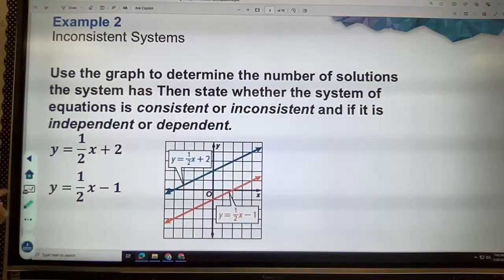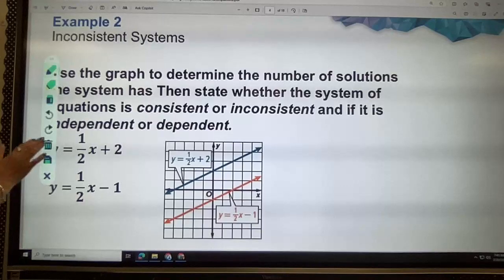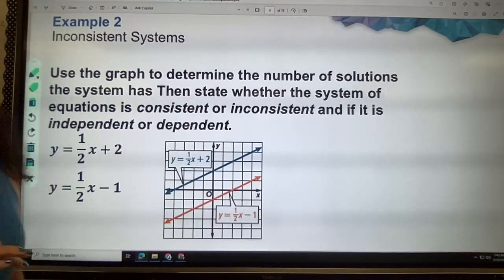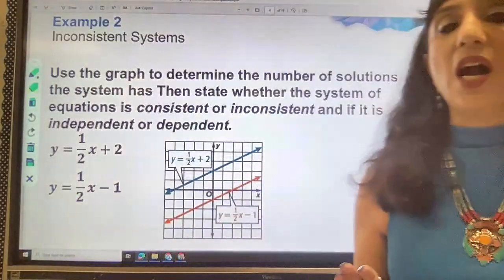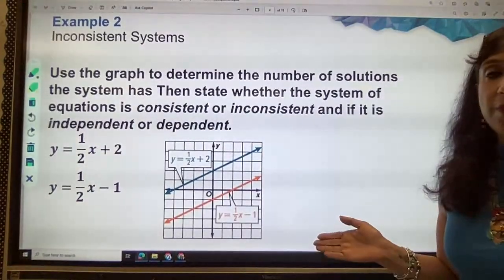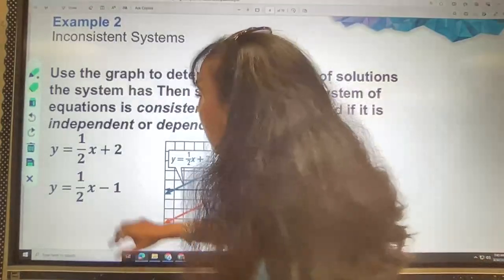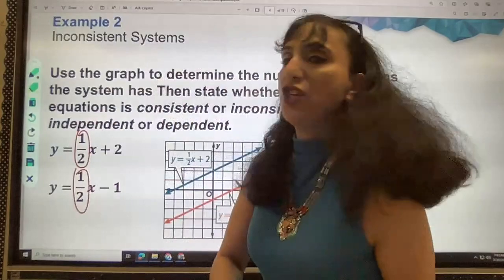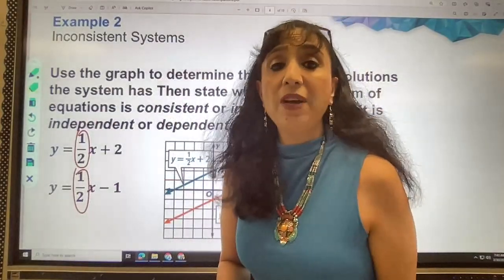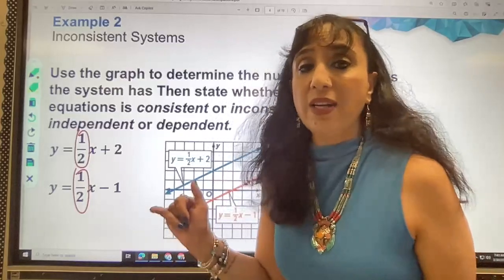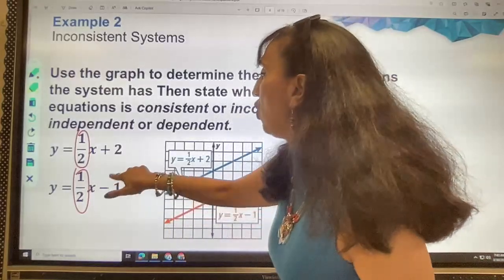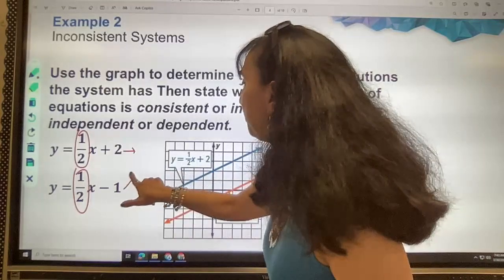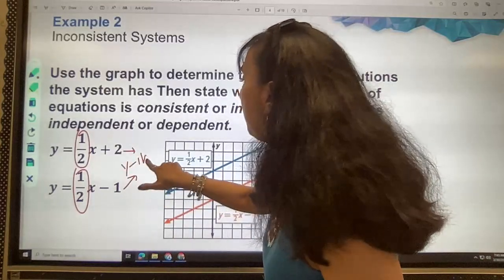So if I'm looking at this, we can see that the lines over here are parallel to each other. That means they have the same slope, which is 1/2. But the only thing that is different is your y-intercept.